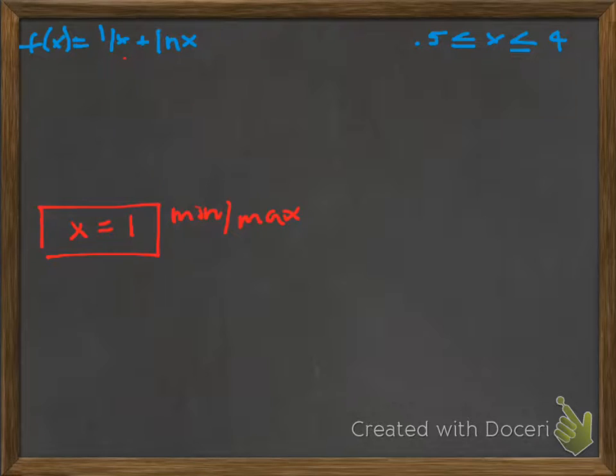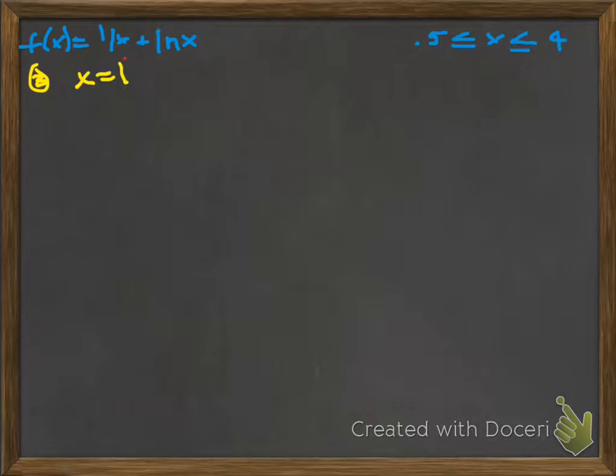Alright, so for our third step, we need to find out if x equals 1 is a min or a max. And so we're going to start that out by creating a t-chart for our x's and y's.